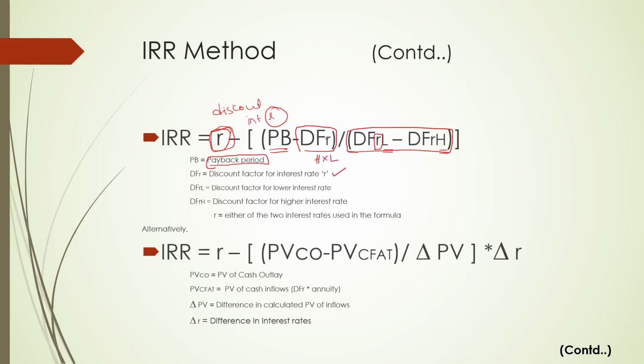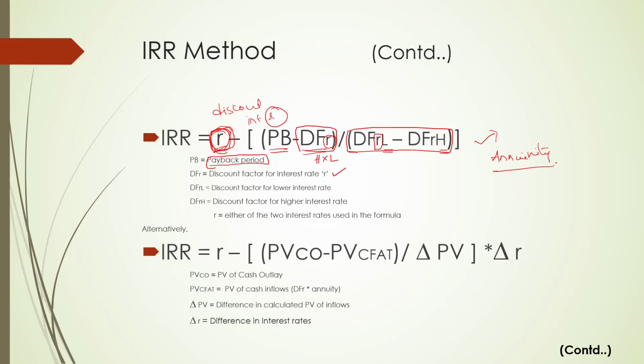Means you are taking the discount factor at the rate R. What is this R? I'm telling you again, it is either the higher rate or the lower rate, as you are also considering the discount rate of the lower rate. So this is how you apply. This is generally what you apply for the annuity factor.